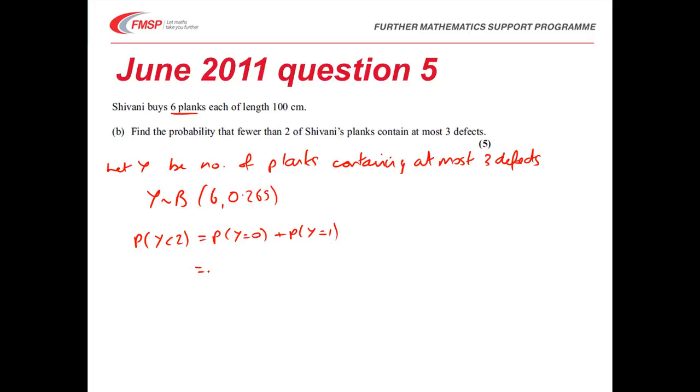Okay, so we can't use tables for this because 0.265 isn't in the tables, so we just need to do it a long-winded way. So this is going to be 0.735, so that's the number of failures, to the power of 6, plus 6 choose 1, which is 6, times 5 failures and 1 success.